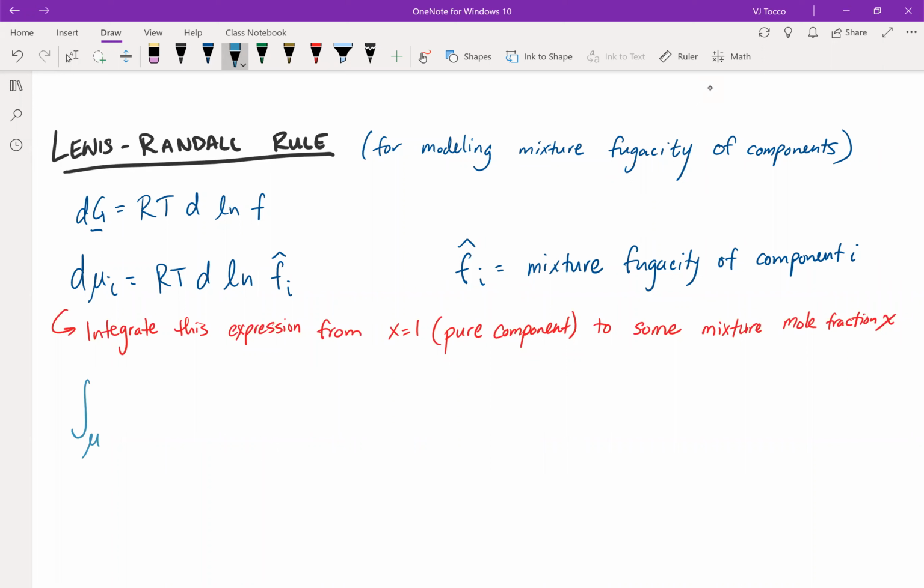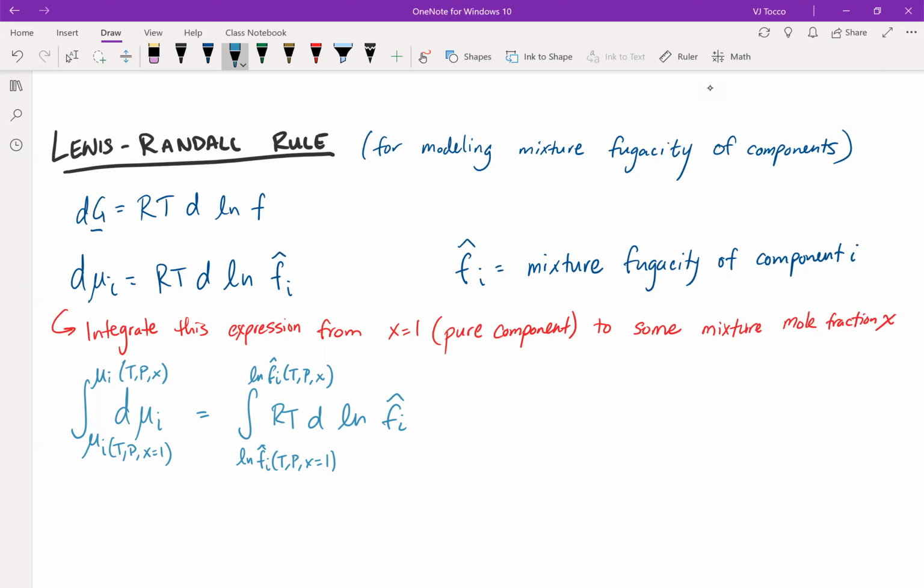I'm going to integrate d chemical potential of species i from the chemical potential of species i at some temperature, pressure, and x equal to 1, to mu i at T, P, x, equals the integral of RT d ln of the mixture fugacity of component i, and my bounds of integration here are ln F hat i at T, P, and x equal to 1, and ln F hat i at T, P, and x.